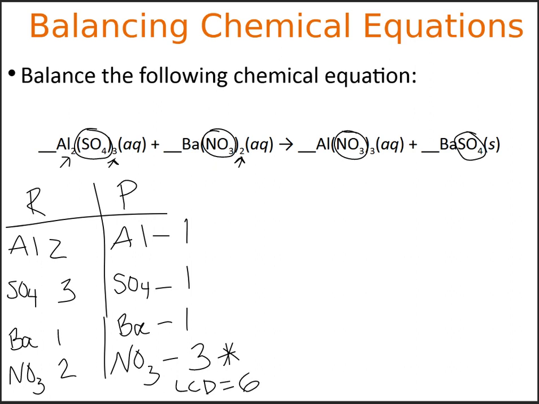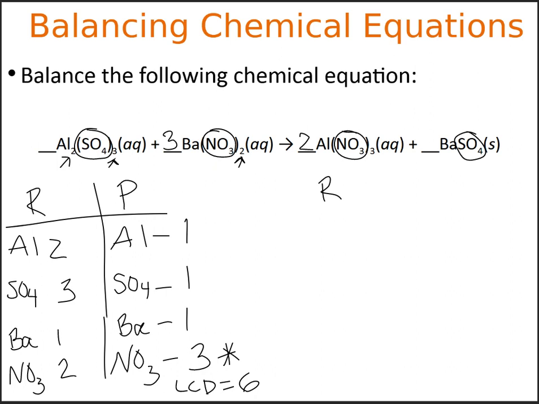That happens a lot, where you have 2 on one side and 3 on the other, so the common denominator is 6. That means wherever we see the nitrate on the reactant side, we're going to multiply that by 3. And on the product side, where we see nitrate, we're going to multiply by 2.